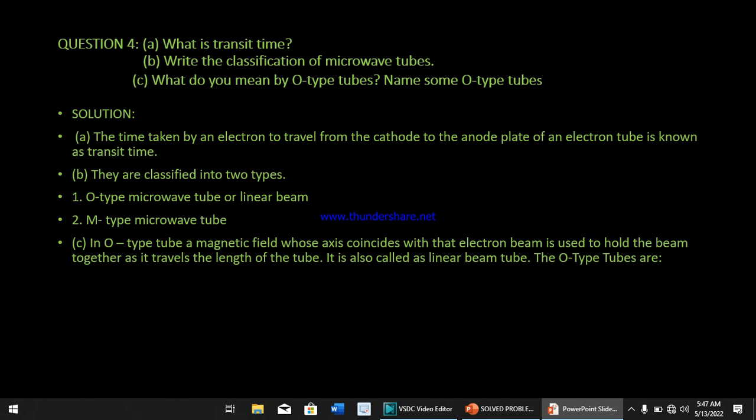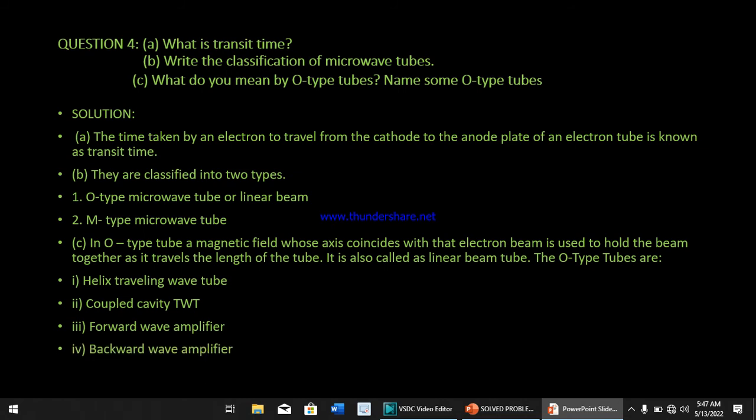Now, the O-type tubes are, number 1, helix traveling wave tube. Number 2, coupled cavity TWT, that is traveling wave tube, coupled cavity traveling wave tube. Number 3, forward wave amplifier. Number 4, backward wave amplifier. And 5, backward wave oscillator.